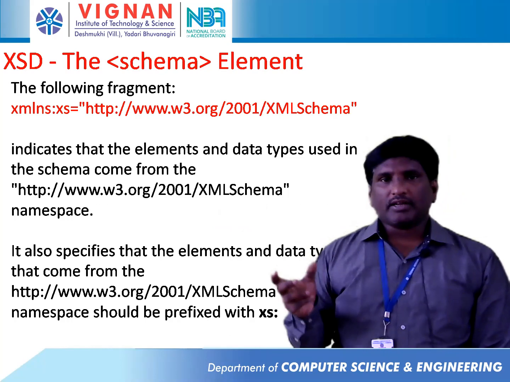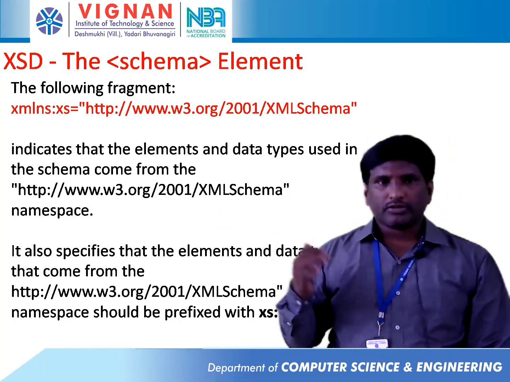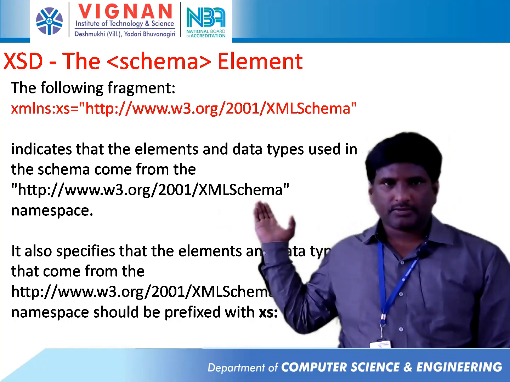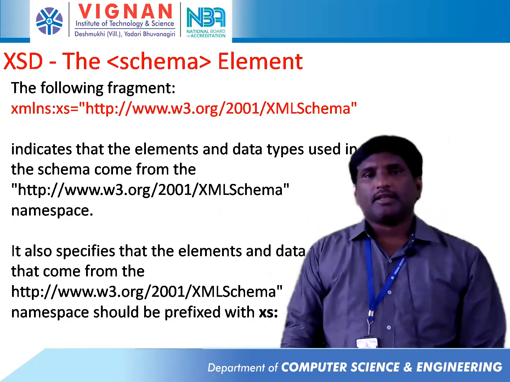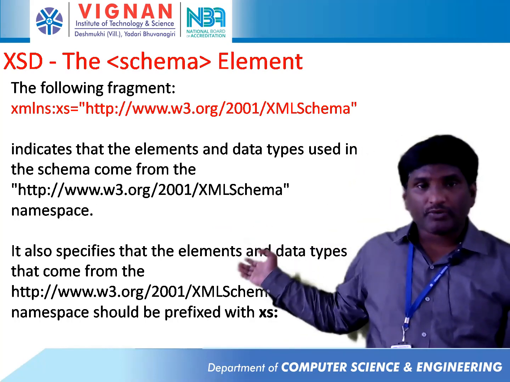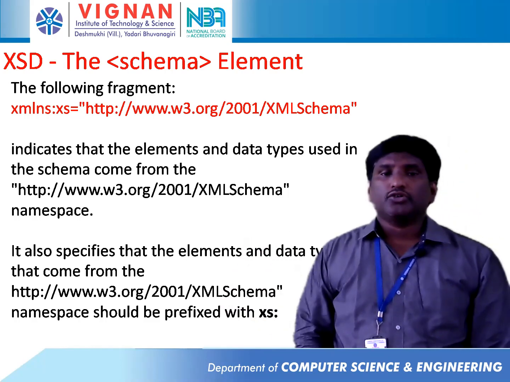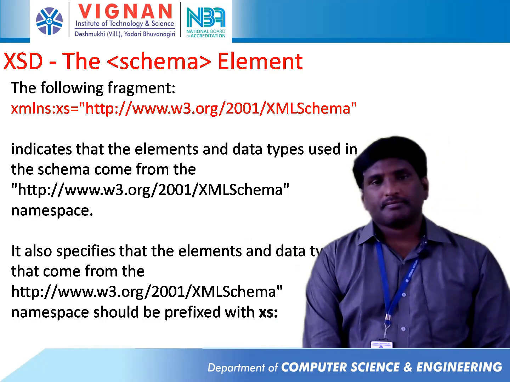So namespace: what are the elements and data types which are used in that? Those come from this namespace. That is the meaning of xmlns:xs. It also specifies that the elements and data types which come from this namespace should be prefixed with xs:.